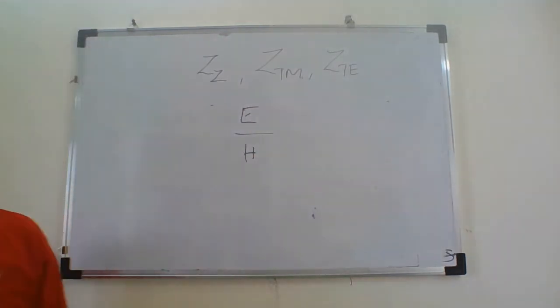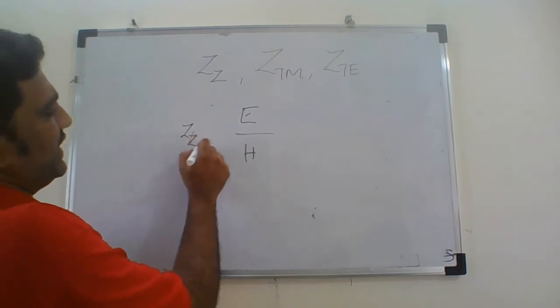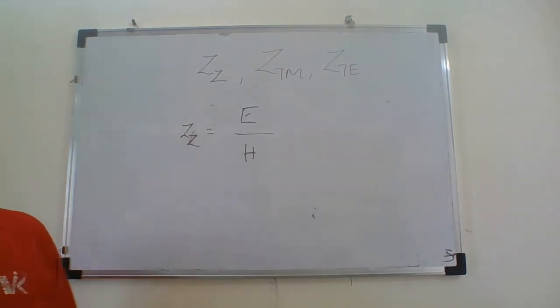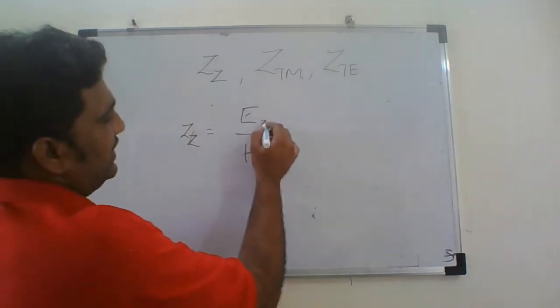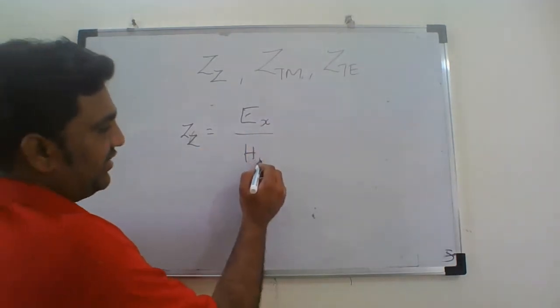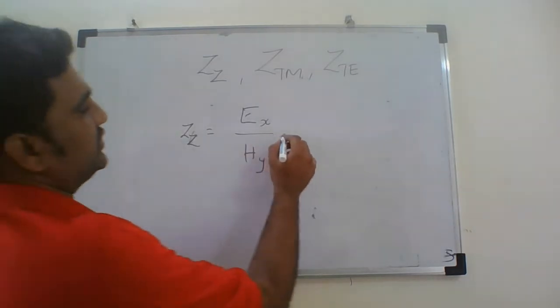So the wave impedance or the characteristic impedance of the waveguide is basically the ratio of electric field strength in one transverse direction to the magnetic field strength in the other transverse direction.